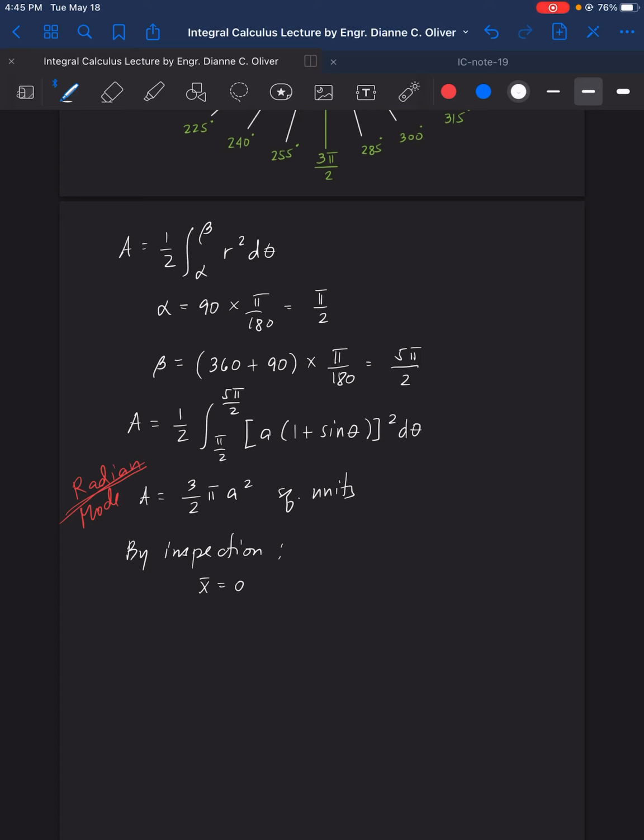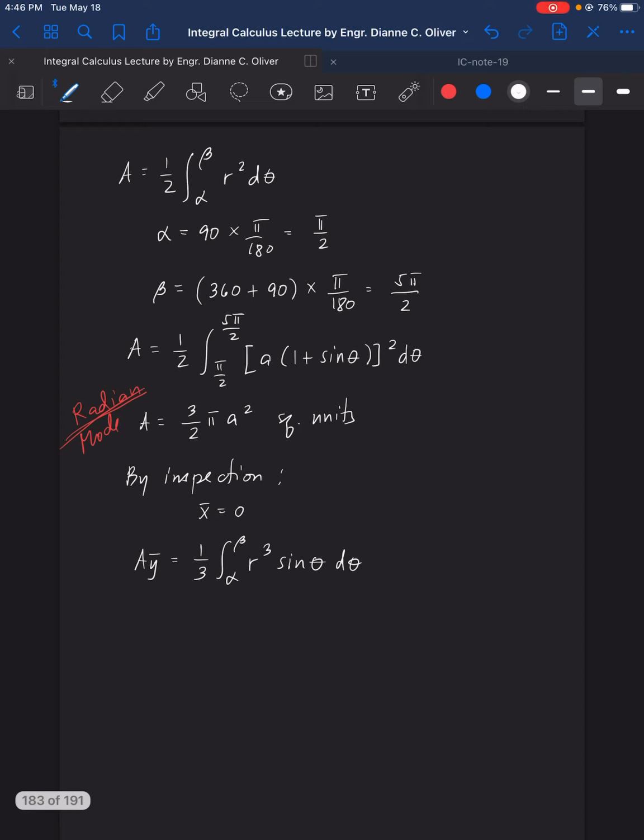Then by inspection, we have x bar is equal to 0. Then for y bar, y bar is equal to 1/3 integral of r cubed sine theta d theta from alpha to beta. The area is 3/2 pi a squared.